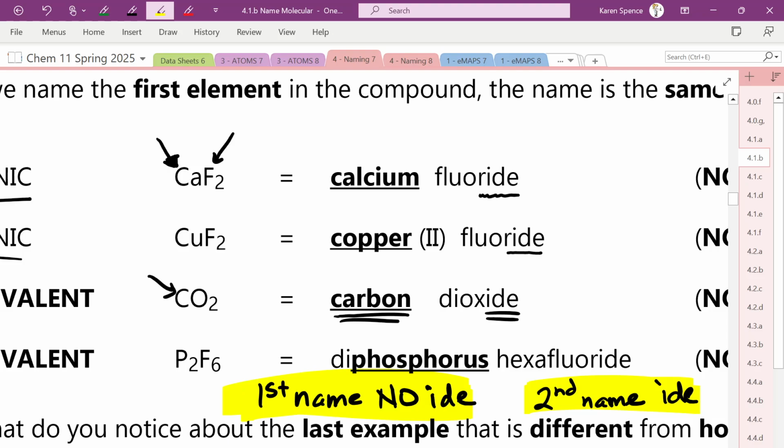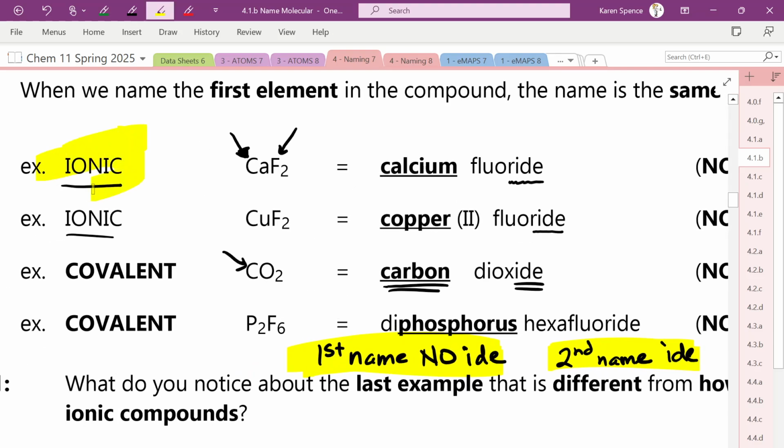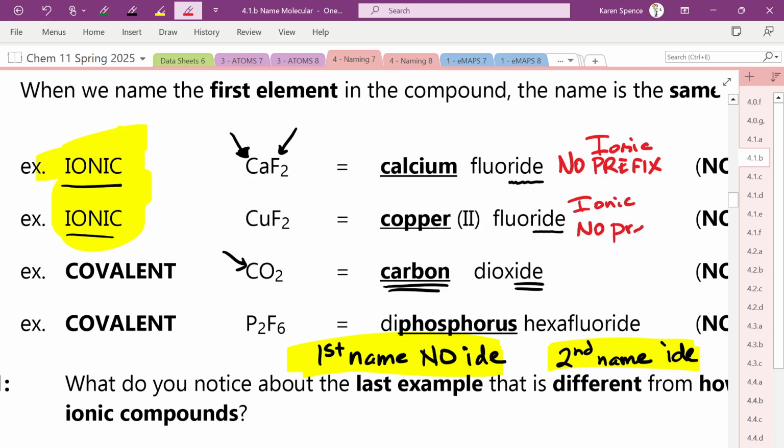Now we look at things that are different. Remember with the ionic compounds, were there any prefixes? No prefix. Copper fluoride is ionic because it starts with a metal. No prefix.